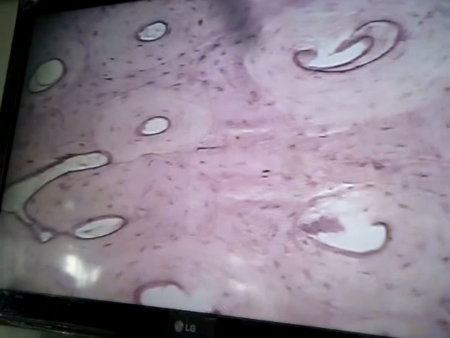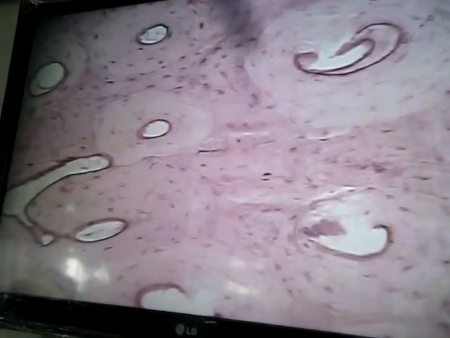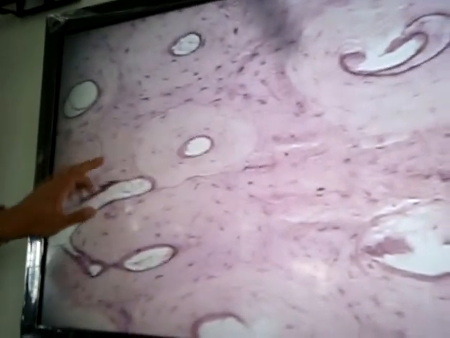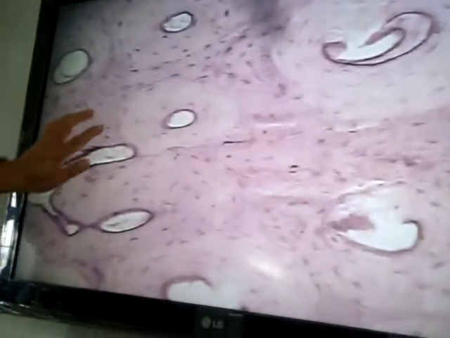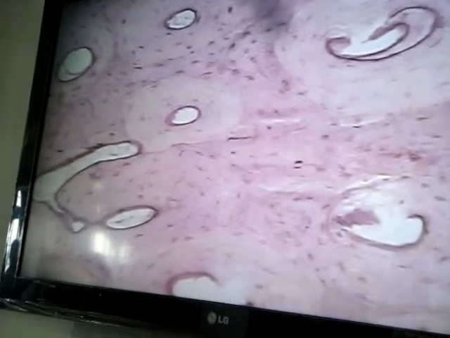Of course, the ones responsible for the production of the organic matrix are your osteocytes. They release organic matrix, ground substance, type 1 fiber, amorphous substances, keratan, heparan, and other substances. Then they will form this osteon. In between the osteons, you also have the interstitial lamellae. These are also made up of mineralized osteoid, but they are not in the form of osteon.